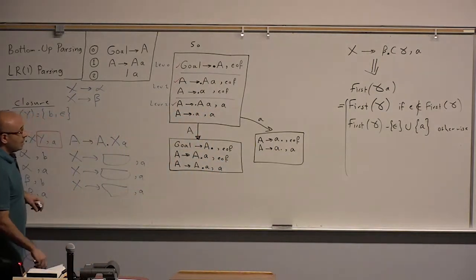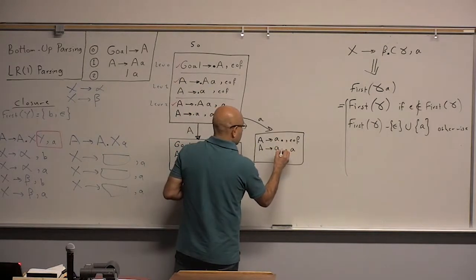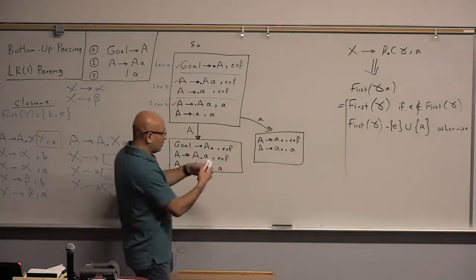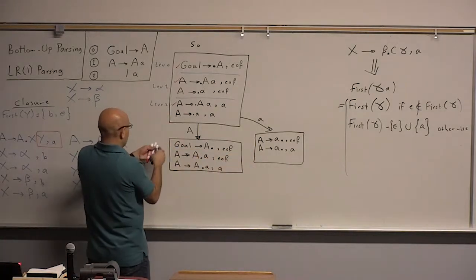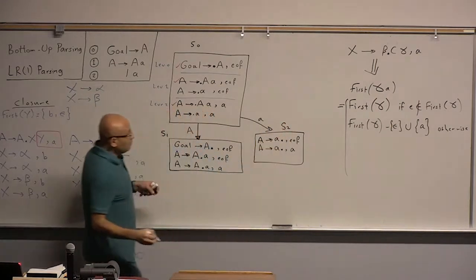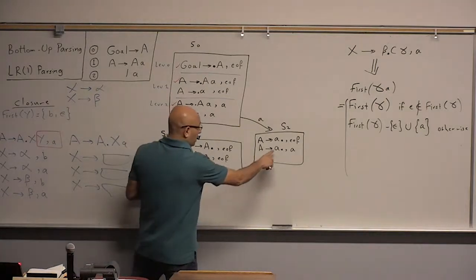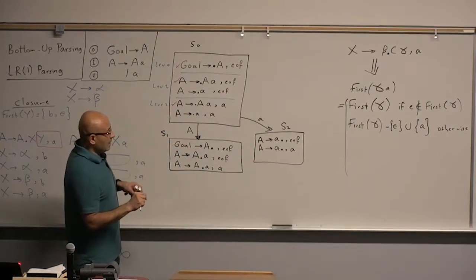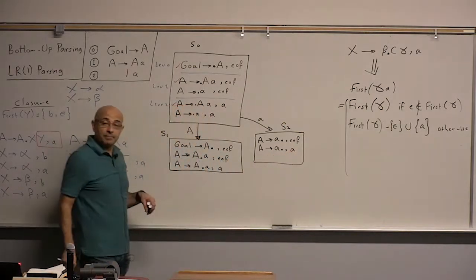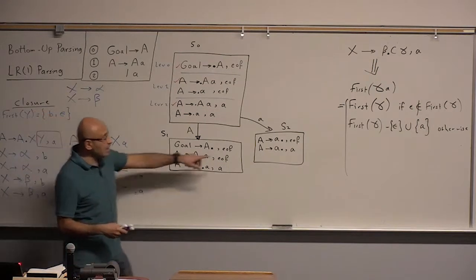Okay. Now this state, if we reach a state like this, and let's call this S0, this is S1, and this is S2. If we reach S2, and our look ahead is either end of file or A, then this means that we have recognized enough now to make this reduction.